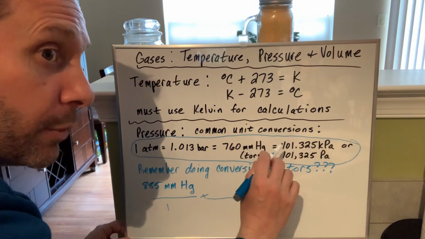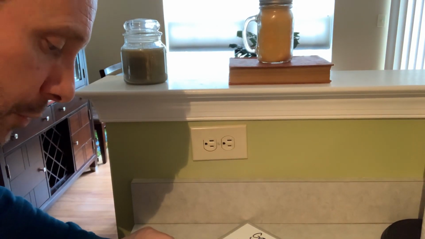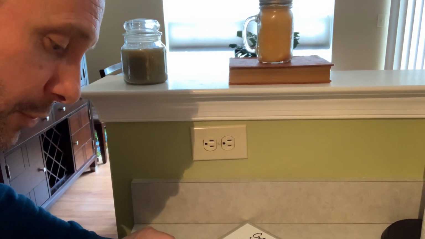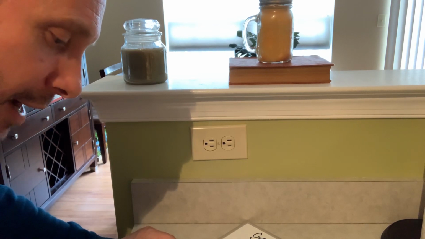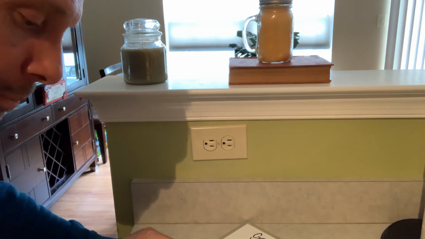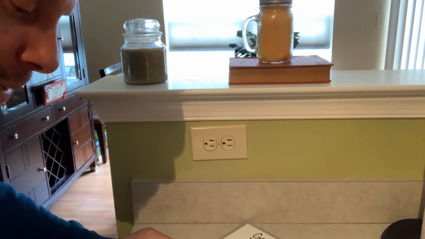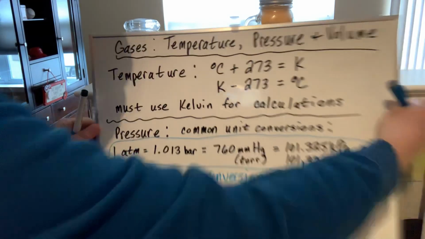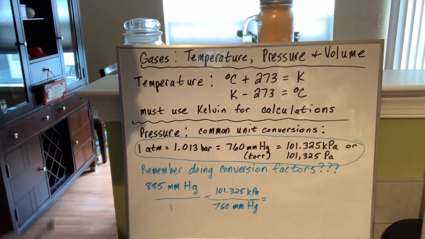These two things are equal. So all I'm going to do is put the 101.325 kPa on top, and I'm going to put the 760 millimeters of mercury, the mmHg, on the bottom, so it'll kind of look like that.